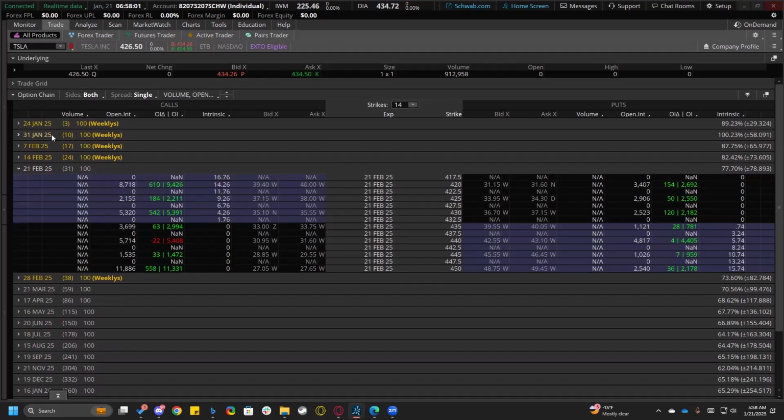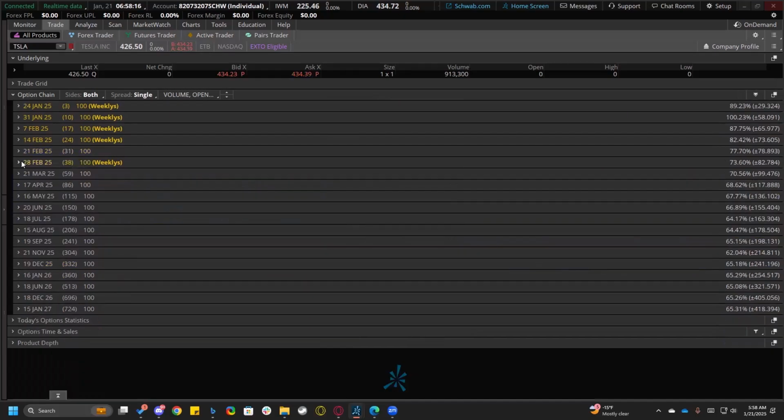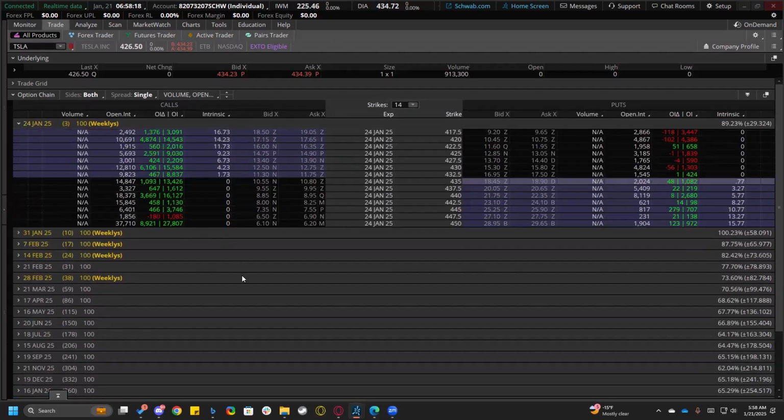But when we get most of the way through January and we're halfway through February, then it may be beneficial to compare it against that monthly and make sure that the monthly isn't the dominant options structure at that point. Otherwise, using the front end is generally going to make the most amount of sense because what we're trying to identify is dealer hedging dynamics that would force price to the max pain spot.